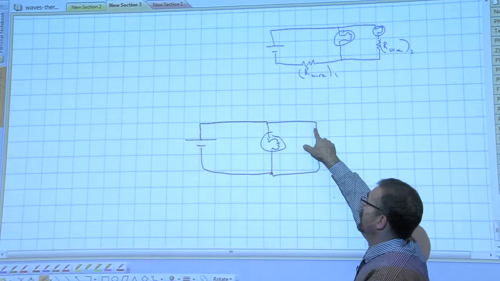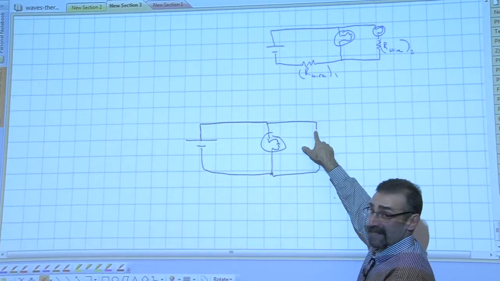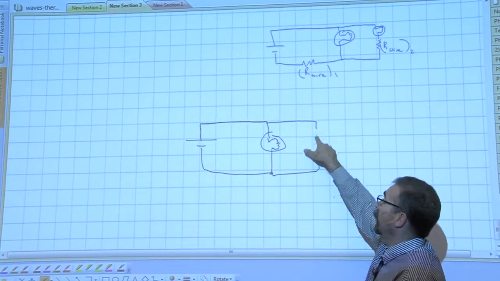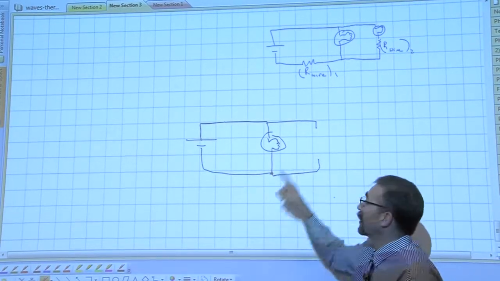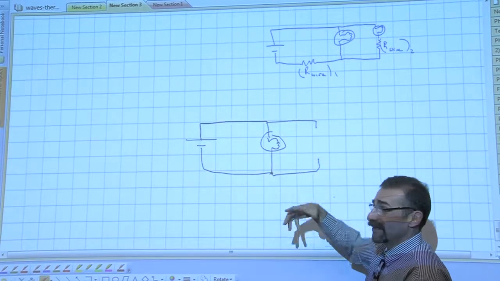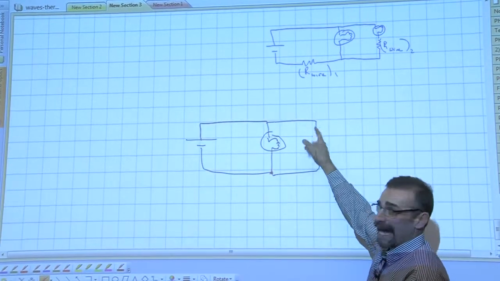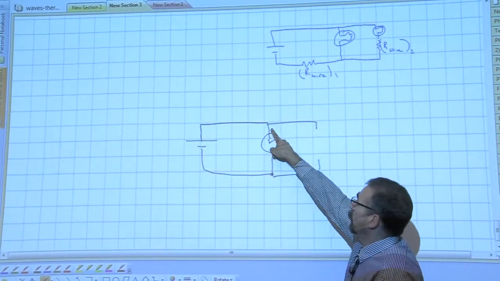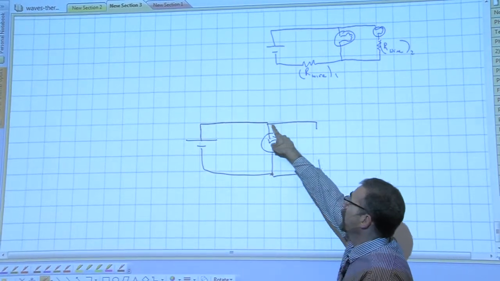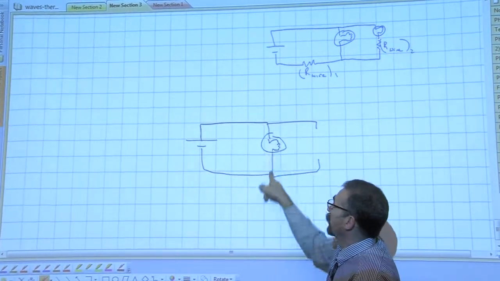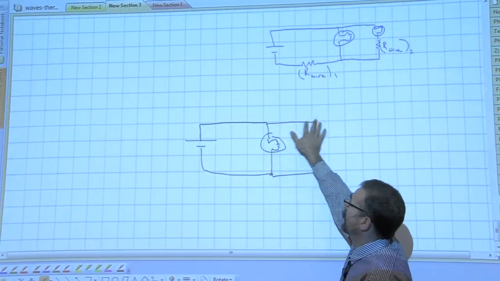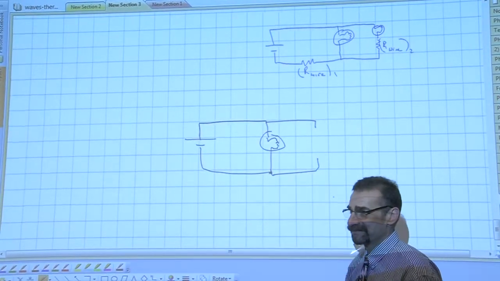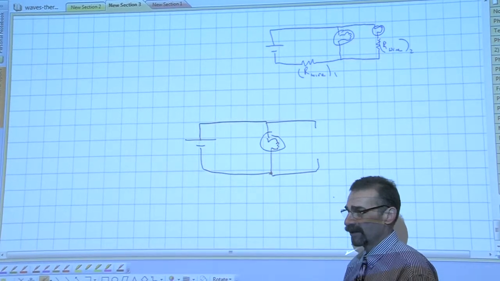But if this one is blocked, because electrons can't go off the end of the wire, right? They're in the wire, they have to move in the wire. If there's no connection here, it's like putting a cap on the end of a hose. The water can't flow anymore through here, and so all the water will flow this way. It's like removing it all the way back here. This hanging wire doesn't do anything. Does that help a little bit?